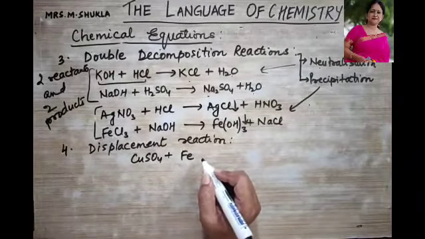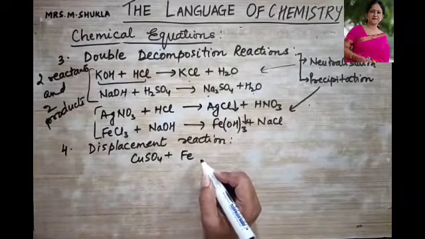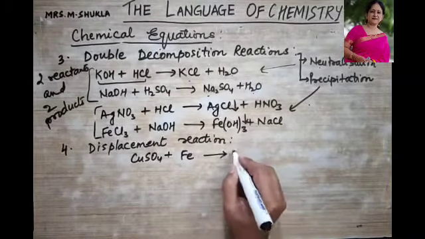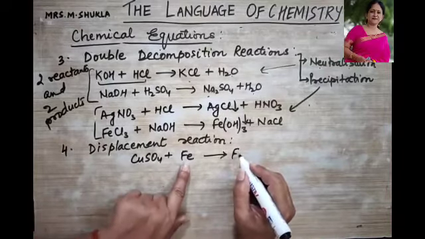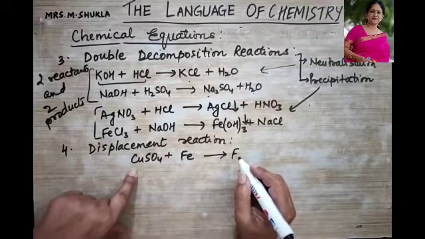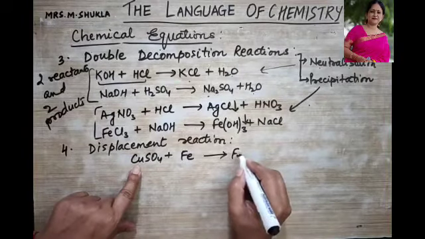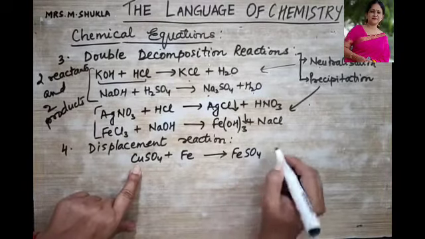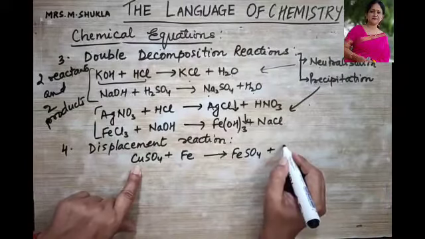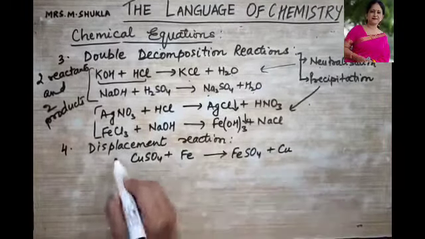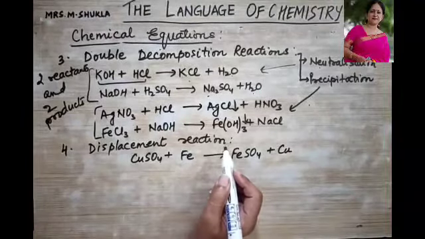Higher elements can replace the lower elements, but lower elements cannot replace the higher elements. Is iron placed above copper or below copper? Above copper, right? So it is going to displace copper and form FeSO4 plus reddish brown deposits of copper. This is a displacement reaction.